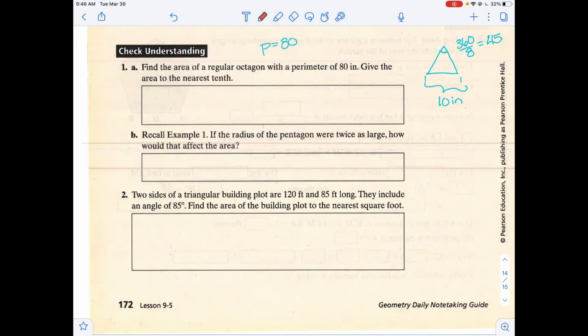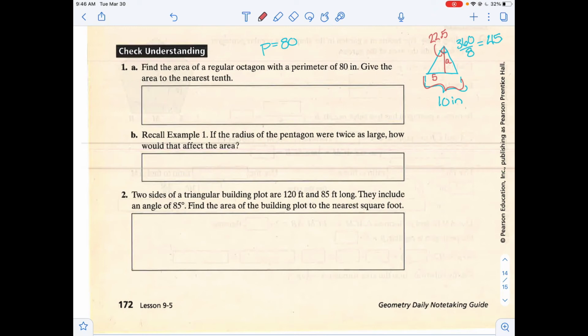So now we want to split this into a right triangle. So half of 45 would be 22.5. All we need to do is find this apothem. Okay, so we know that this entire thing is 10, so we know the short side of this right triangle is 5.